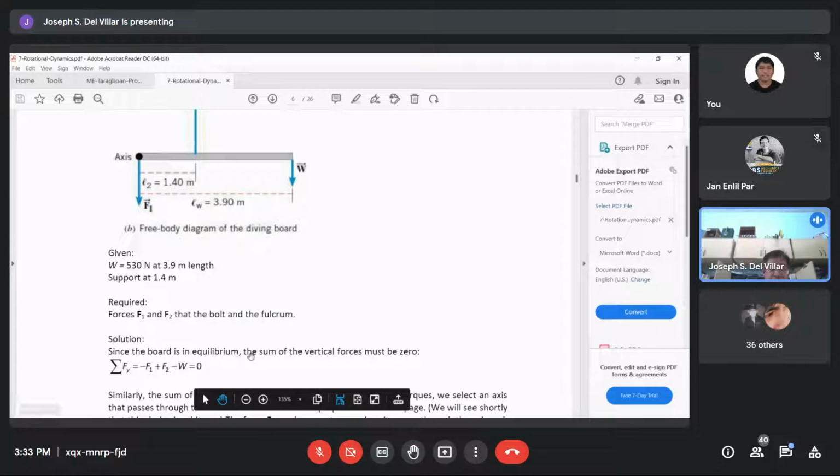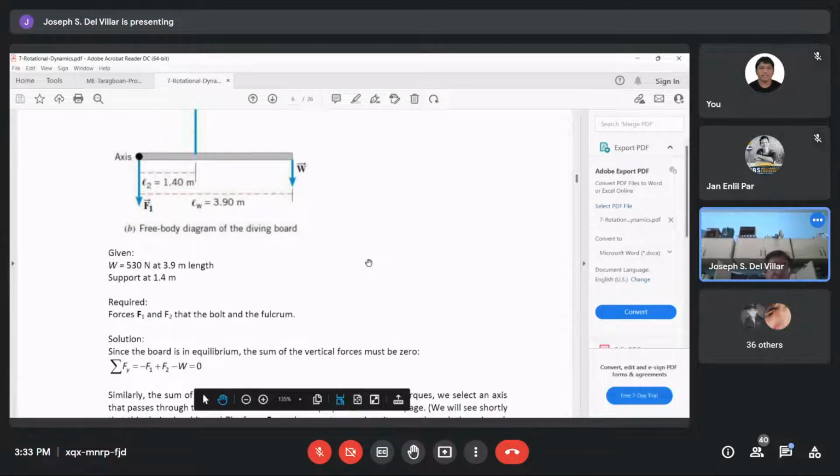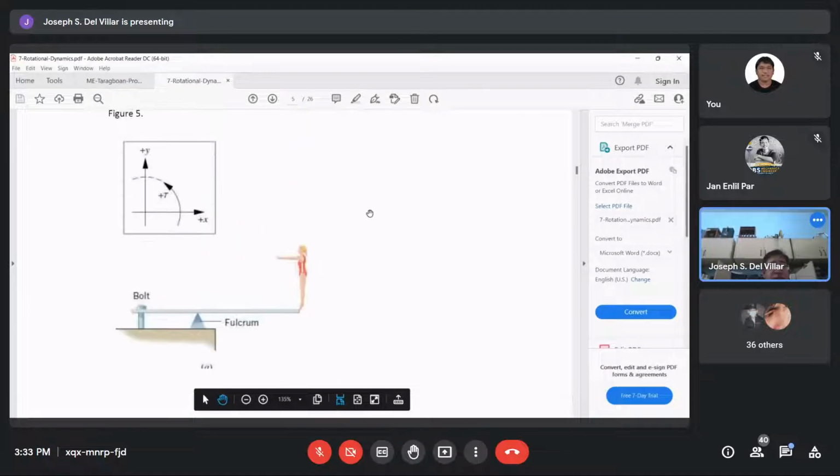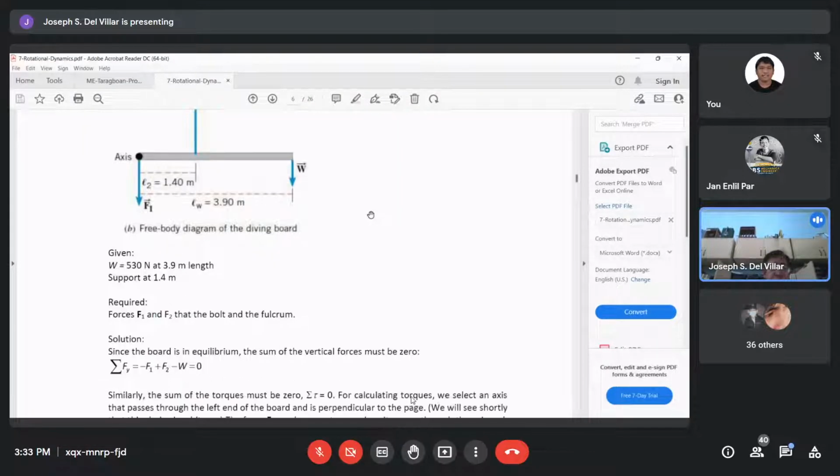Now, following the given, this should be negative F1 plus F2 minus 530. Is it 530? Let's check. Yes, 530. So negative F1 plus F2 minus 530 is equal to 0, equation number 1.